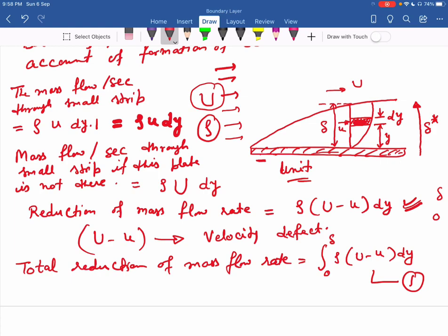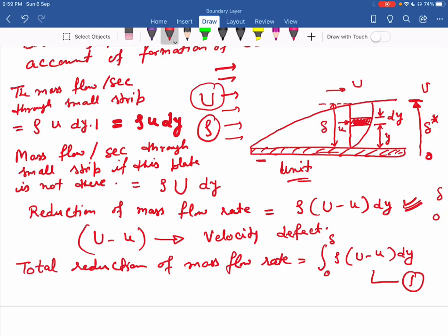This distance delta star is the distance up to where the velocity becomes 99% of U. In the direction of y, your velocity varies from 0 to capital U. So delta star is the distance from the plate to where the free stream velocity becomes capital U.